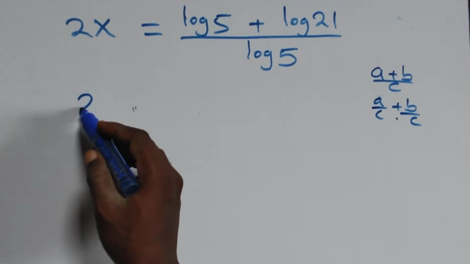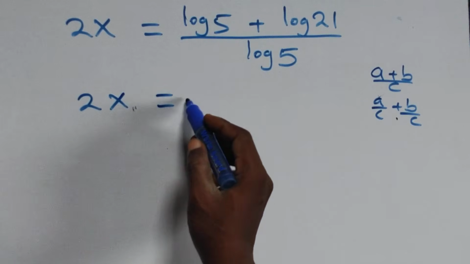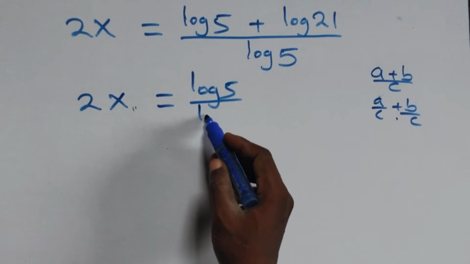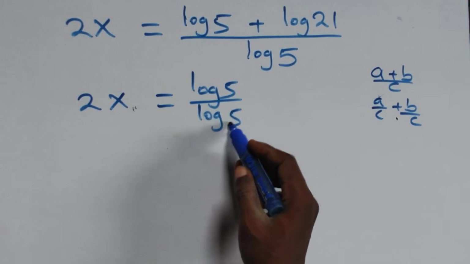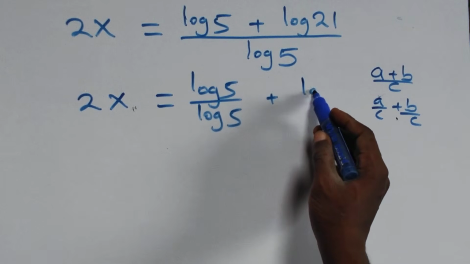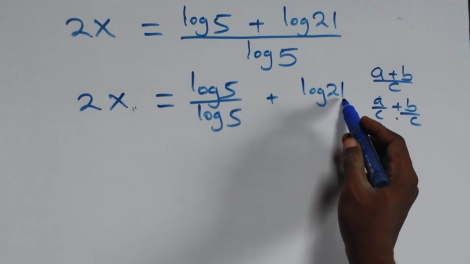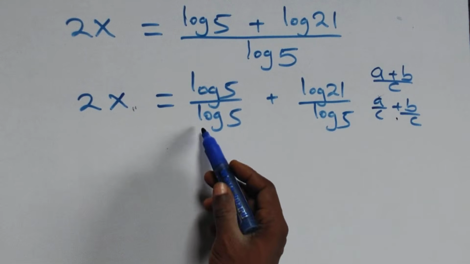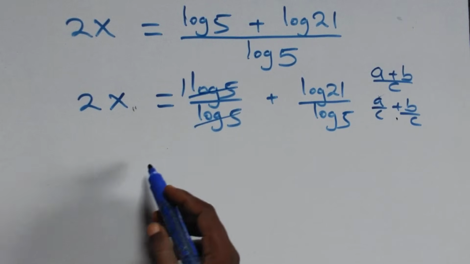Also here we can write it as 2x equals to log 5 over log 5 plus log 21 over log 5. Then log 5 cancel each other here, we have 1.